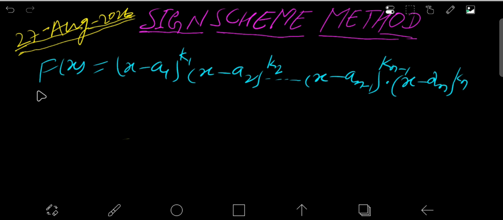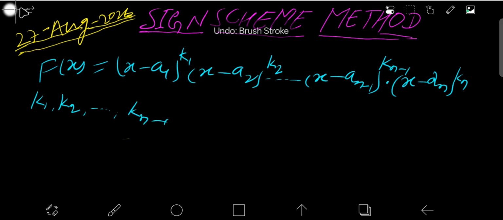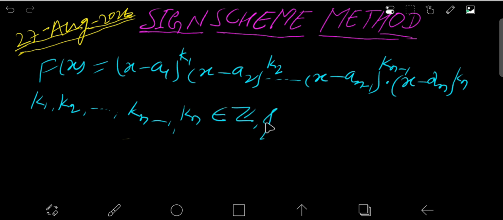Here k1, k2, dot dot dot, kn minus 1, kn, all are integers, and a1, a2, dot dot dot, an all are real numbers, okay.